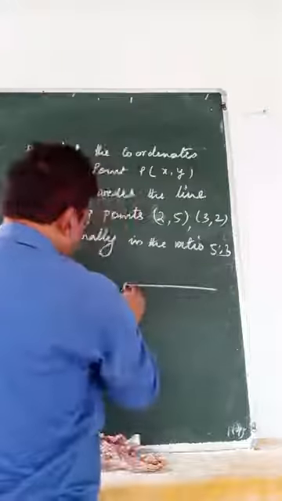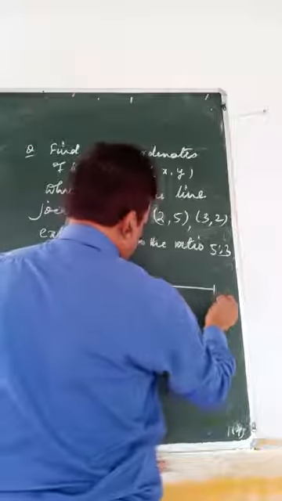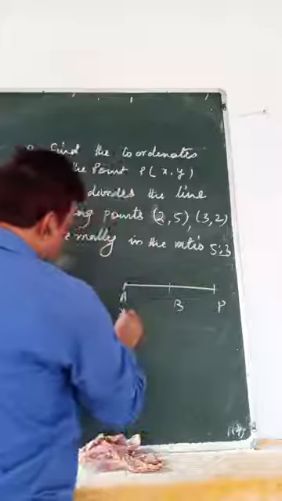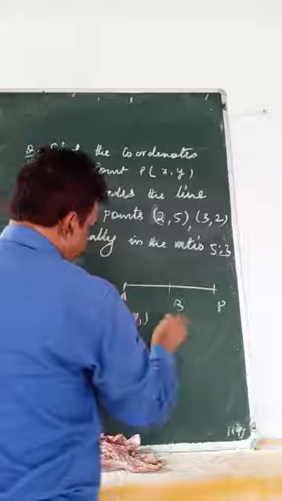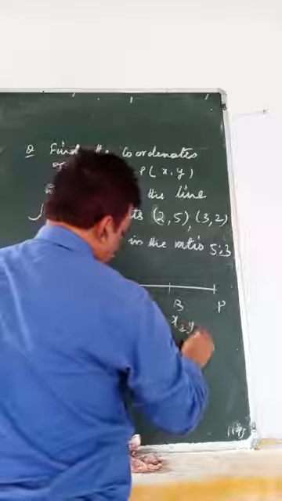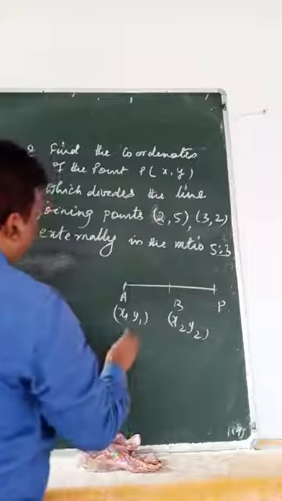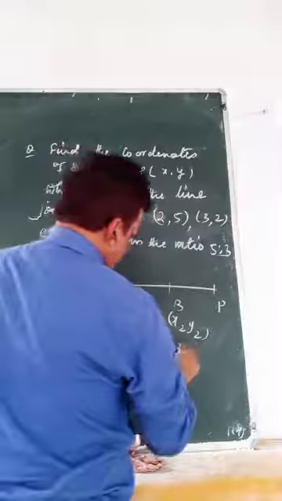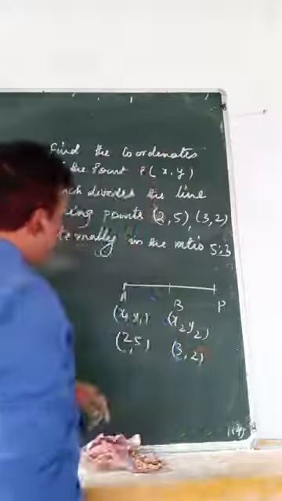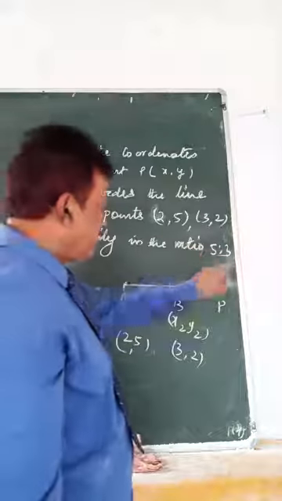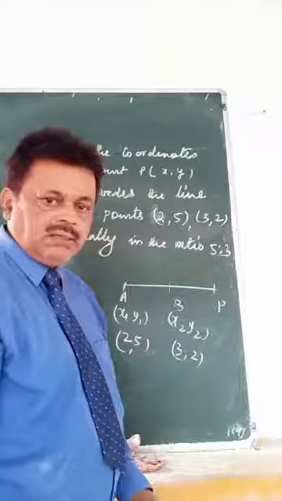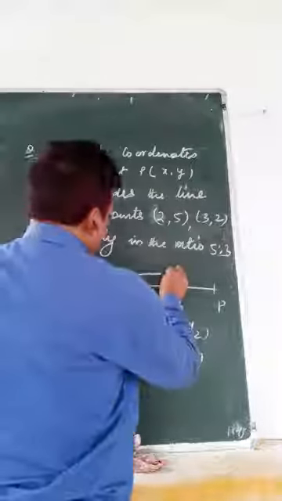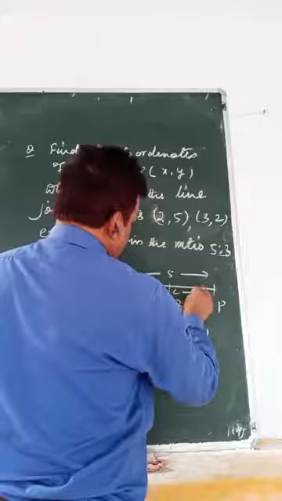It's confusing. A, B is here, P is here. This is x1, y1. This is x2, y2. Point is 2, 5. This is 3, 2. So this ratio is given 5:3. If you put here, this is confusing because this is 5, this is 3.